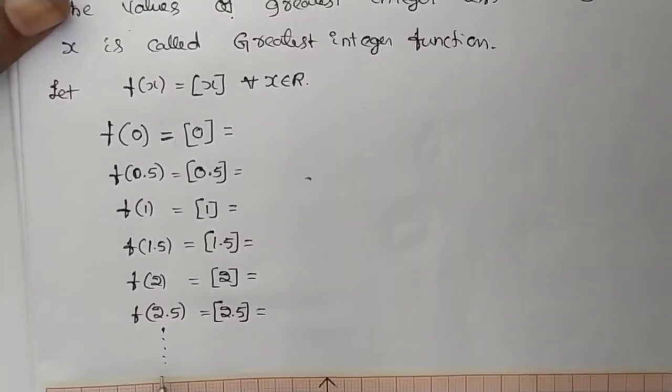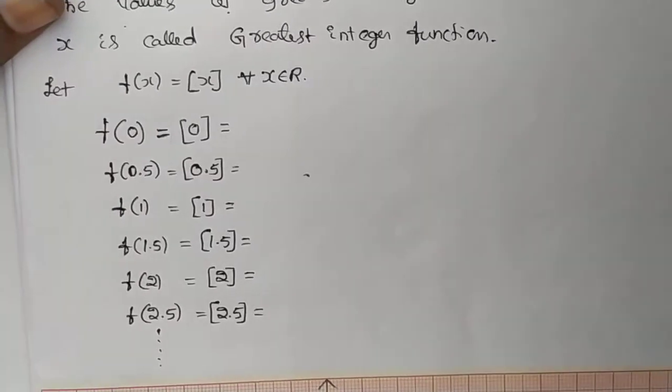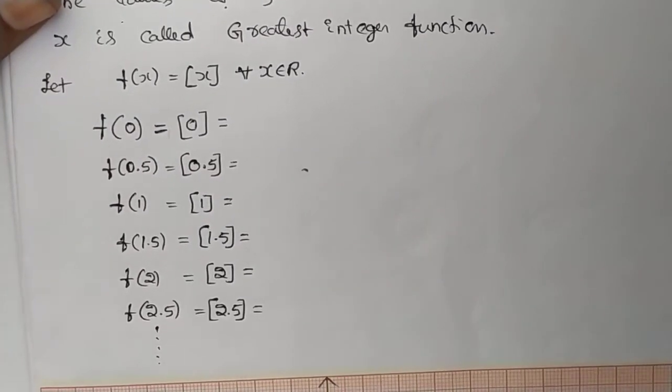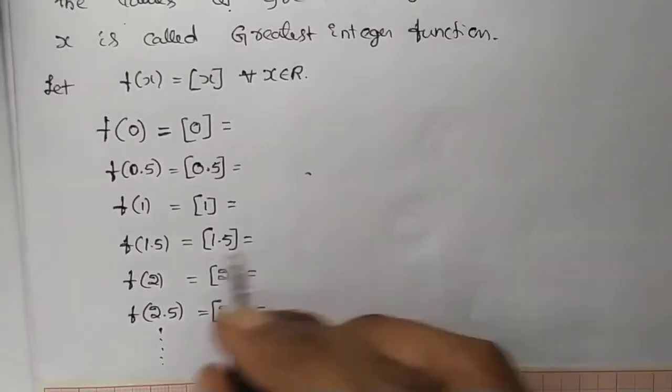Similarly, f of 3, f of 3.5, f of 4, f of 4.5, like that the values will be taken. So these are the positive values.